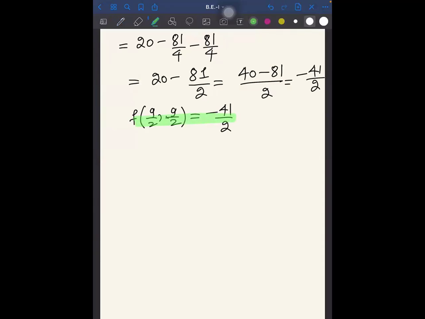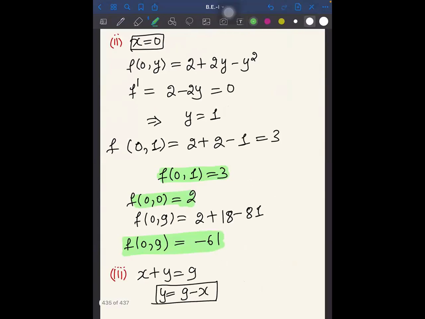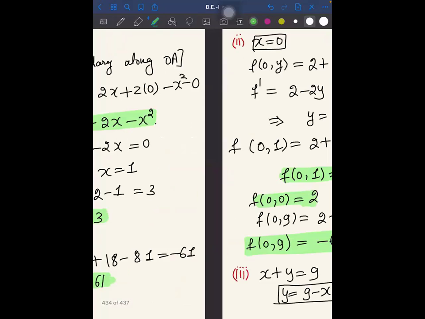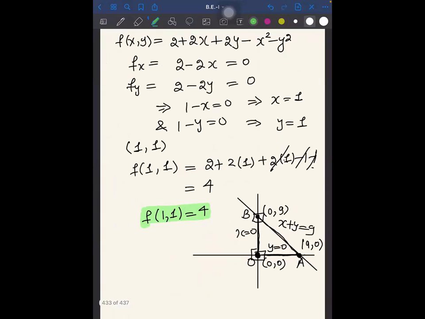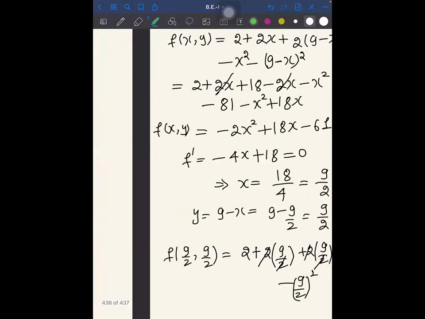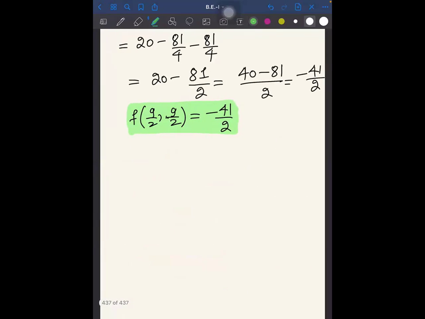So can you see what is the maximum value which we have achieved? You have the minima, that is minus 61. And what is your maxima? Can anybody tell? This is your maxima, 4. Right? So finally, what will you say?